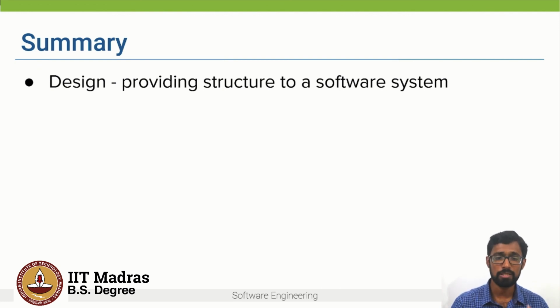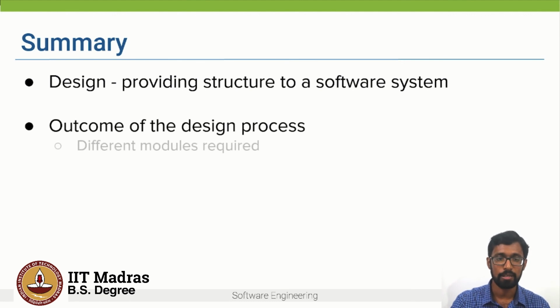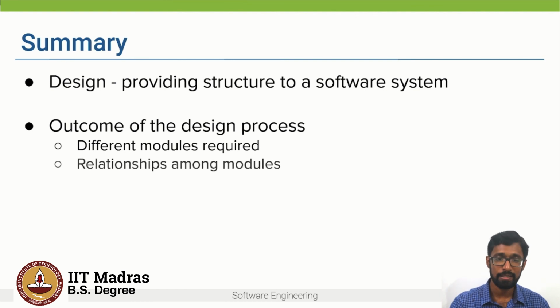We also discussed the outcome of the design process: the different modules which are required and the relationships among these modules. So now we have a vocabulary to talk about the different modules and the relationships between them.